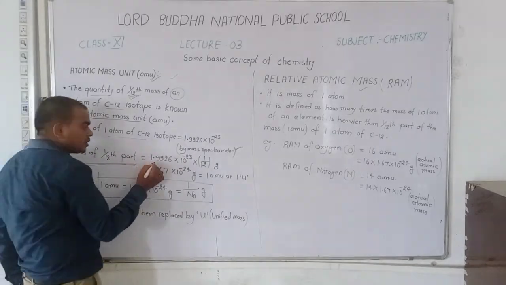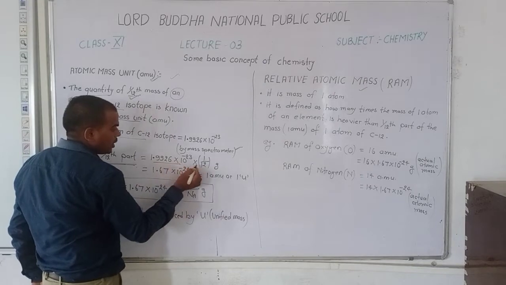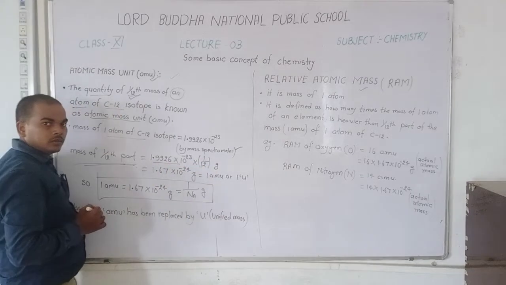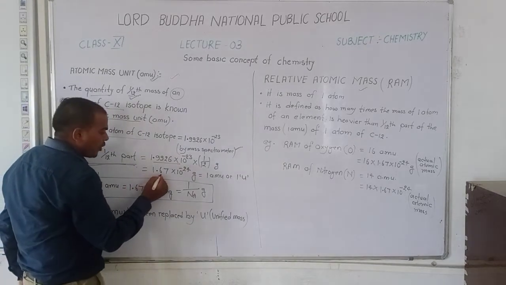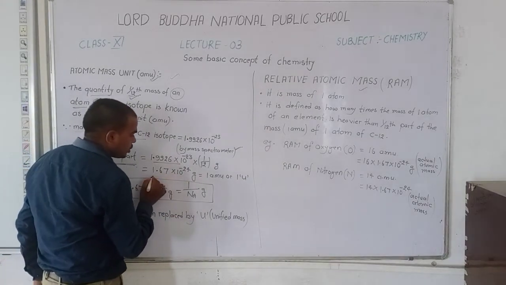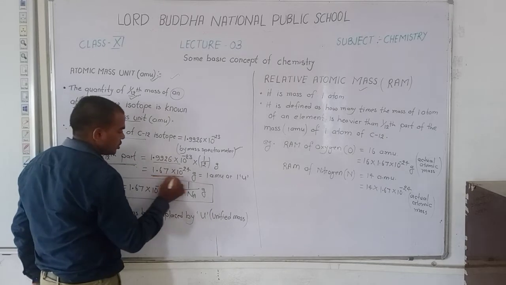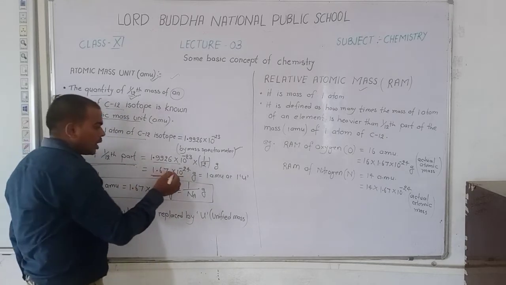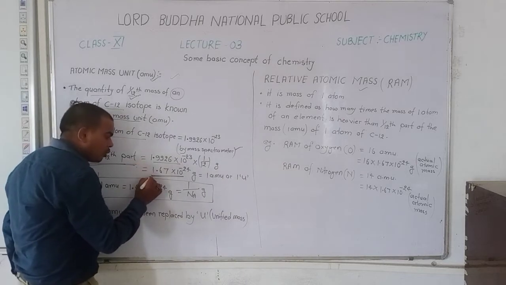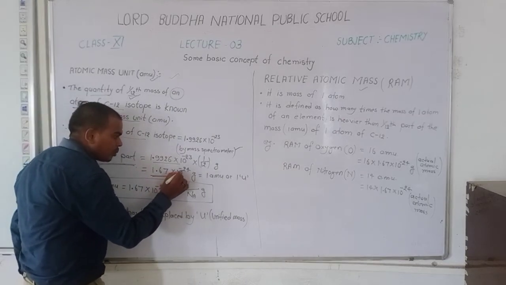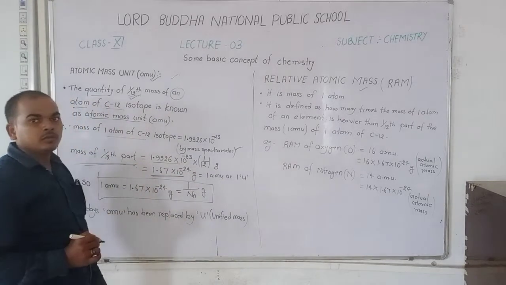So we divide this value by 12, and then we find 1.67 into 10 power minus 24 gram.